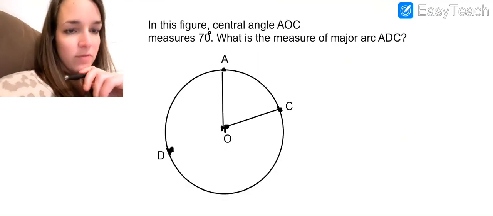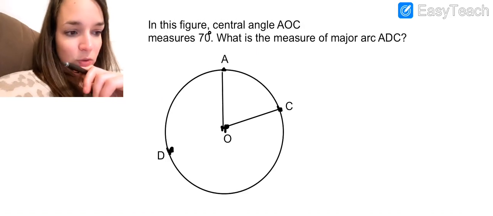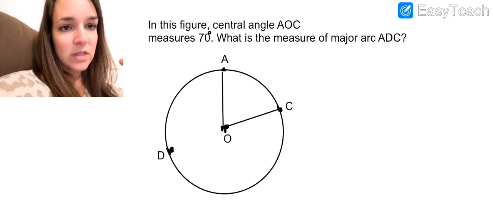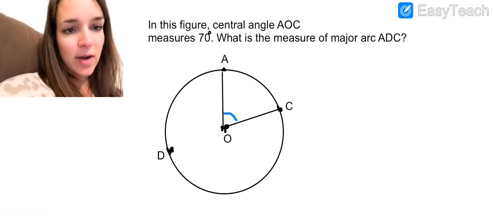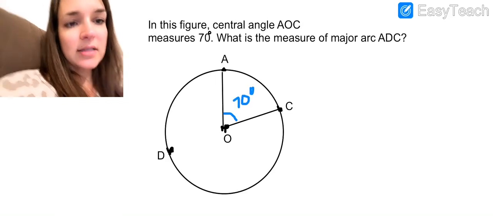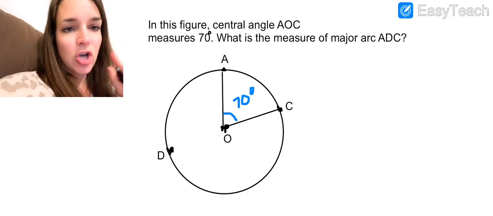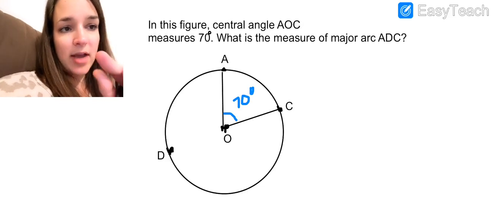Okay, so when we've got a figure that looks like this, and we're told that in this figure, central angle AOC, so we're talking about this angle right here, measures 70 degrees. What is the measure of major arc ADC? So let's talk for just a second about major arcs and minor arcs.